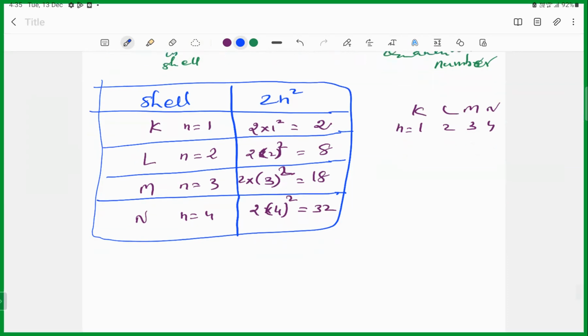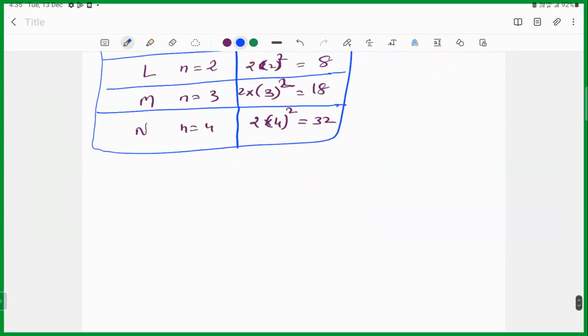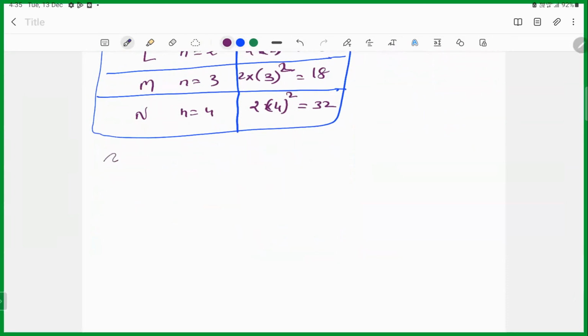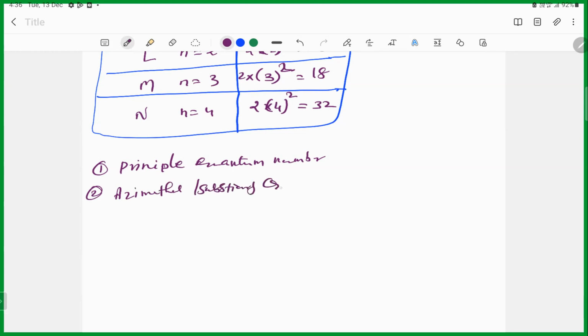The four quantum numbers are the principal quantum number, the azimuthal or subsidiary quantum number, the magnetic quantum number, and the spin quantum number.